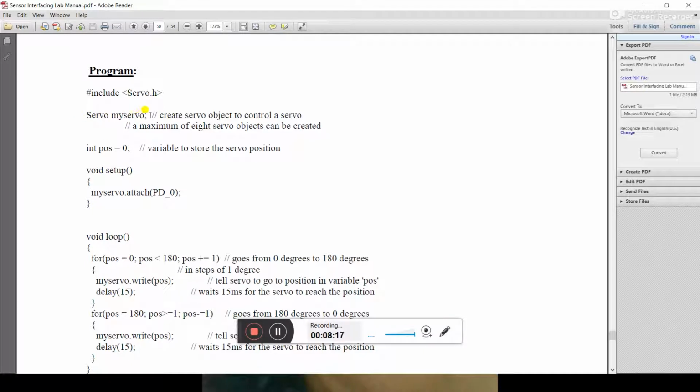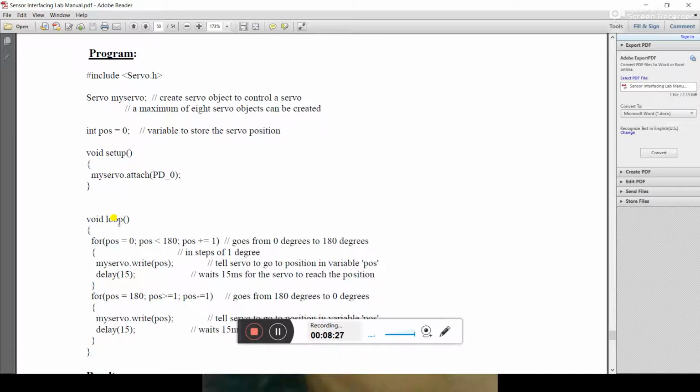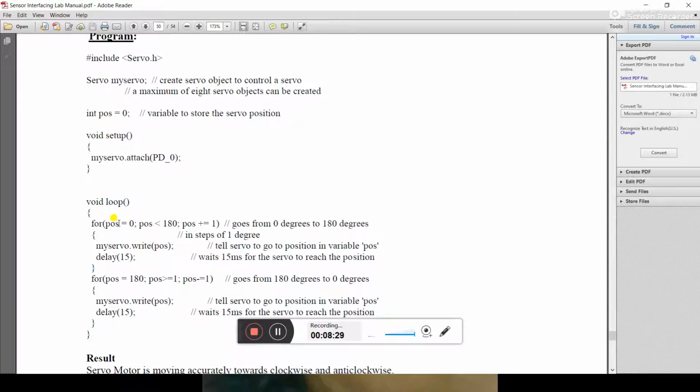Then you can select the servo, myservo, and likewise you can connect any servo motor to any pin of the TM4C123GXL module. Whatever pin you want to attach it to, you can attach it here. You can put this value over here, and then you can run the code.